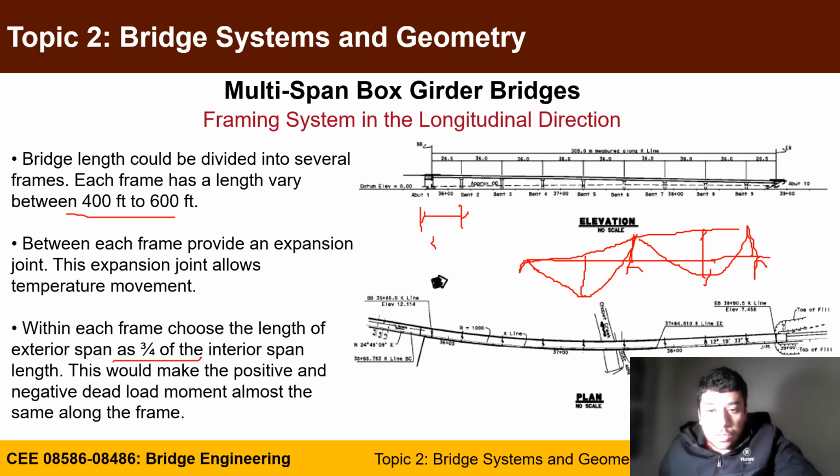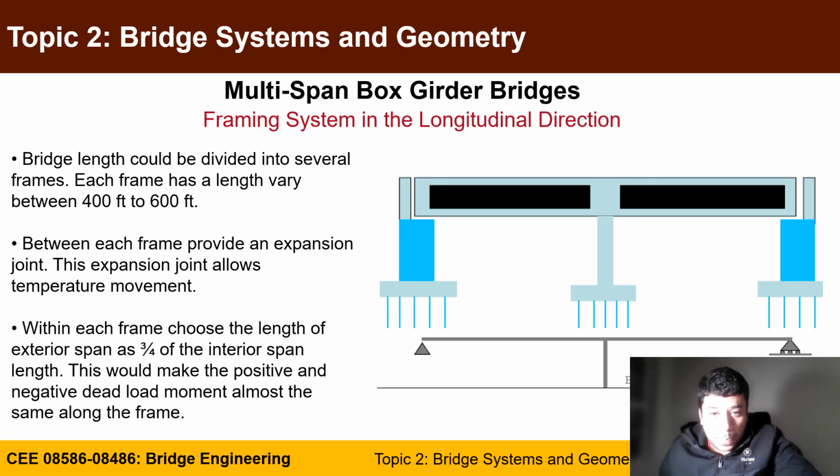So usually if you use equal spans, you'll have a higher moment here than at this point. To make them roughly equal, you shorten the first span relative to the interior spans, to reduce your moments and bring them closer to the interior span, so you get an economical design.